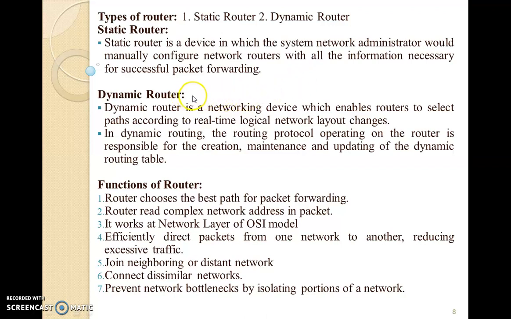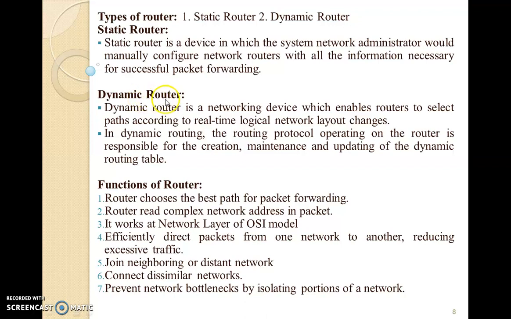The second type of router is a dynamic router, which is a networking device which enables a router to select a path according to real-time logical network layout changes. That means address finding, shortest path finding, and IP address finding are the kinds of tasks which are performed dynamically.